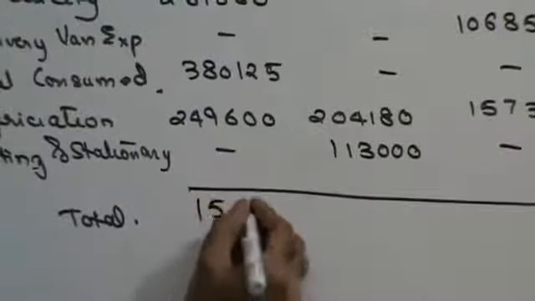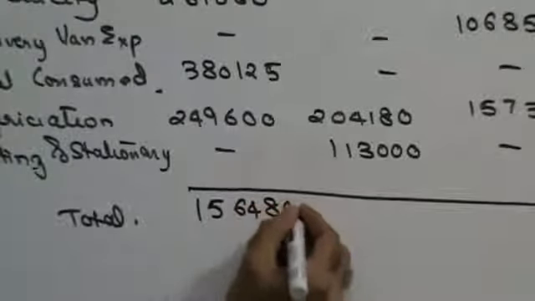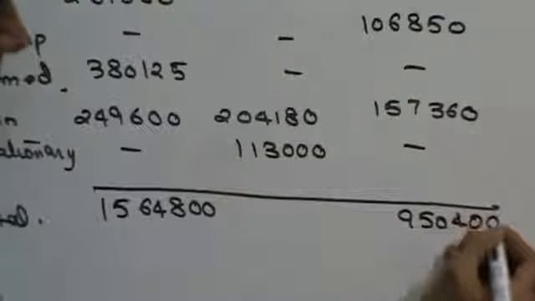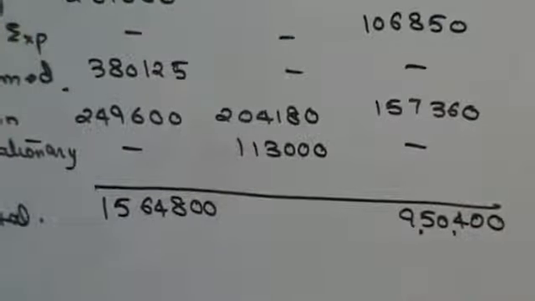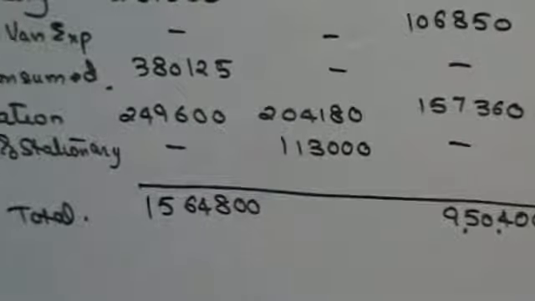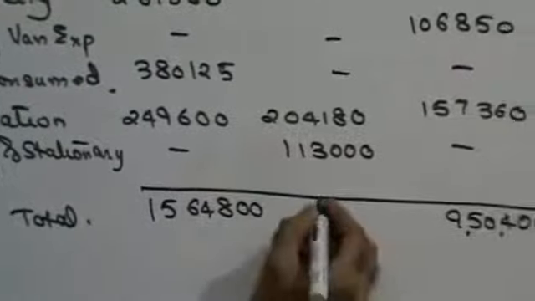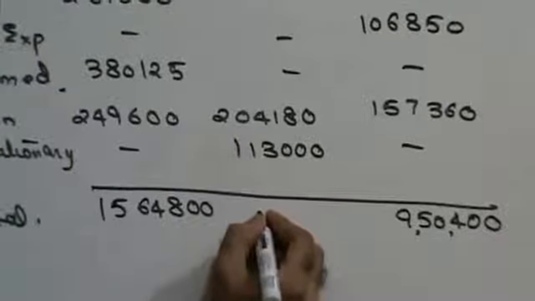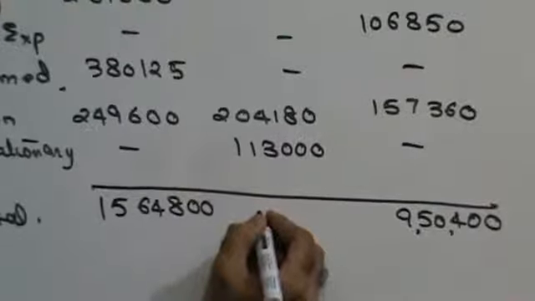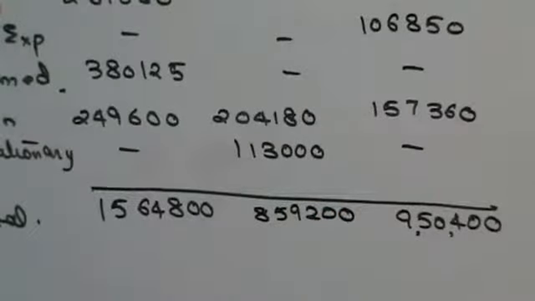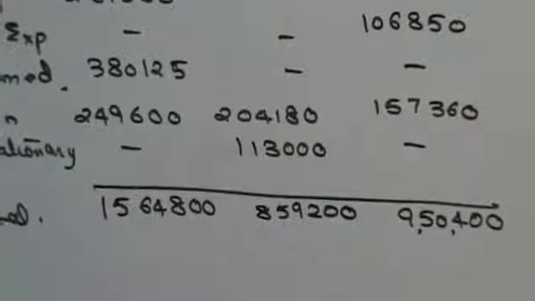Third one is 9,50,400. Center one is 8,59,300. Okay. So you have all the three figures.